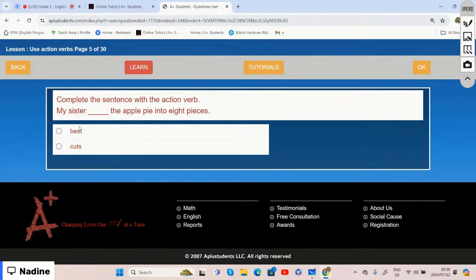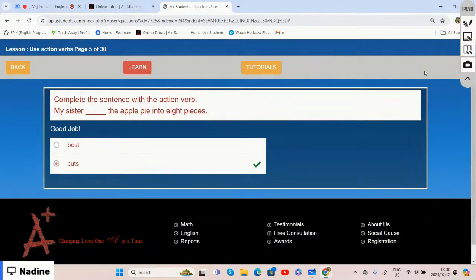And if we were to choose the correct one, then we will say my sister cuts the apple pie into 8 pieces. So cuts is the action verb that tells us what my sister is doing.